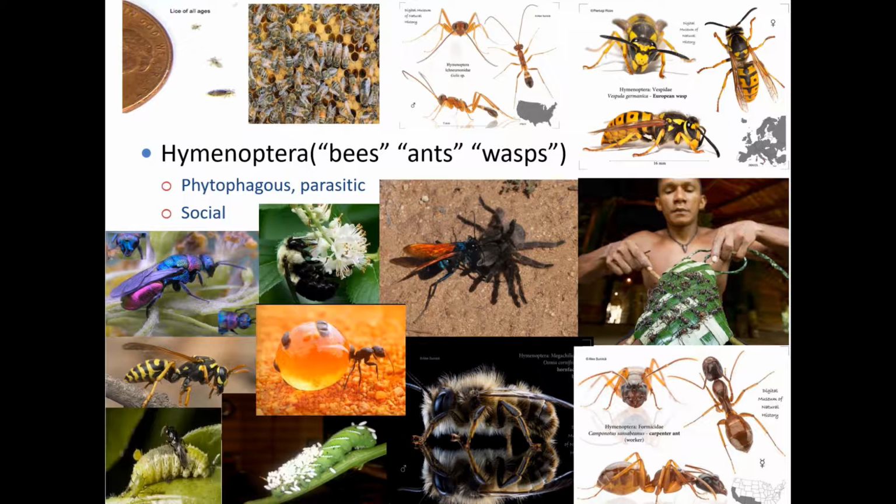Some of these will lay their eggs in the eggs of other organisms, or in the bodies of other organisms. So they can be very specialized. This gives them a big range of behavioral adaptation. You're going to find all kinds of Hymenoptera out there, from the well-known honeybee, Apis mellifera, all the way down to lesser-known parasitoids of insects and animals.